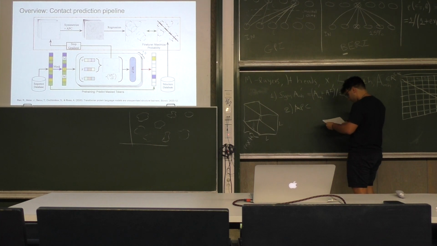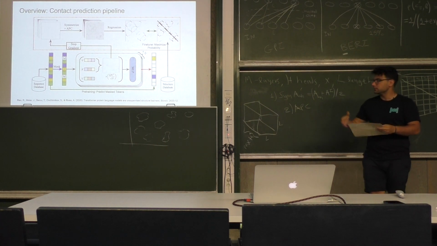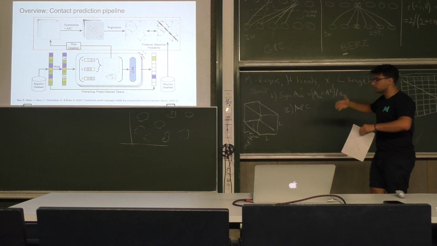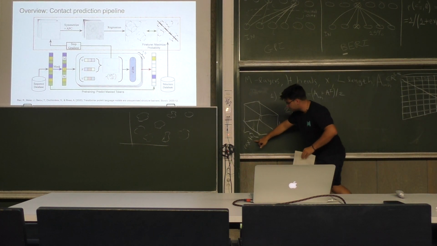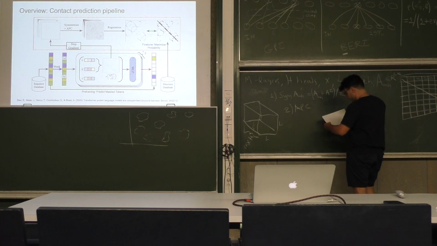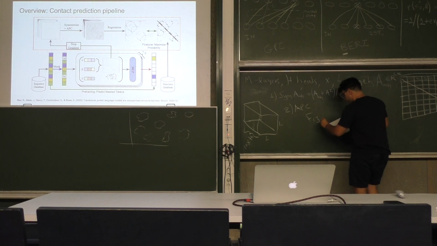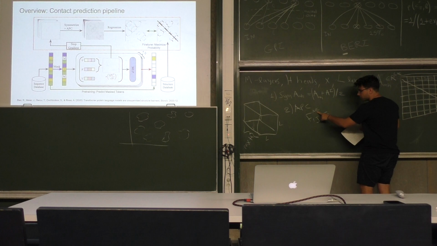Both operations are applied independently for all the M times H attention maps, and it is computed as follows. So let's say APC, Average Product Correction.